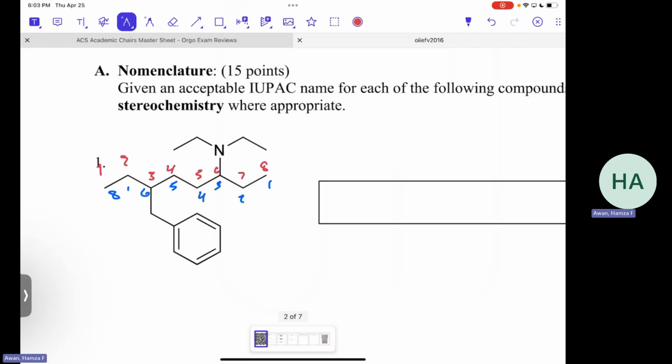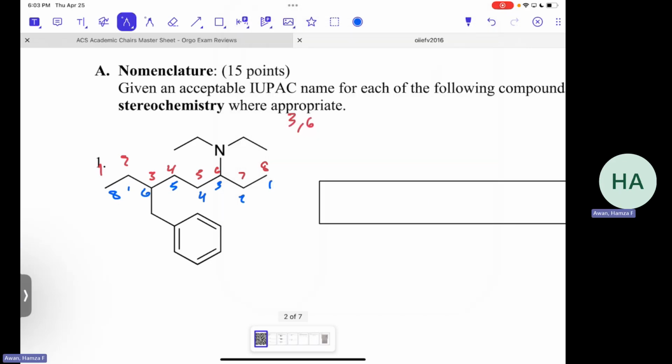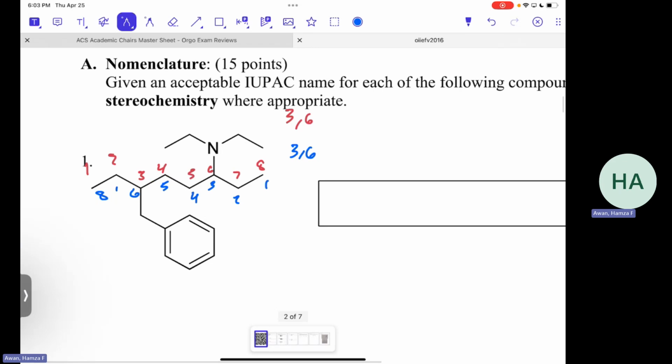So in the red way, we have substituents at carbon 3, at carbon 6, and that's it. And with the blue way, we have substituents at carbon 3 and carbon 6 again. So on both of them, we have the same numbers. So we're gonna keep going.